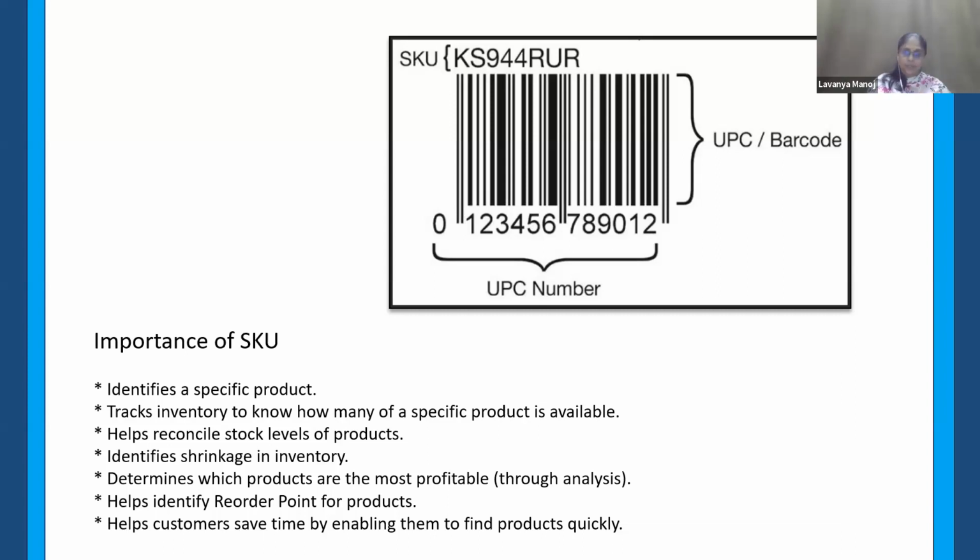One is with collar, so WC, and the next SKU code is without collar, WTC. With collar, WC; without collar, WTC. In this way, for each and every carton, I can maintain different SKUs. Is it clear?